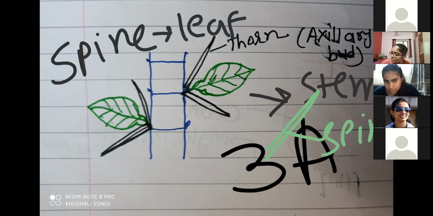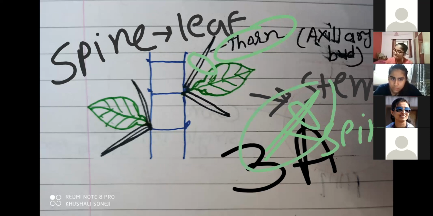And when any part of the stem terminates into a pointed structure, we call it a thorn. This is the difference. This will not be known from morphology. For that we have to study their anatomy. When their sections are taken out, we take the TS of spine and thorn, and when we study the anatomical features, then we can realize this is the leaf, this is the stem.